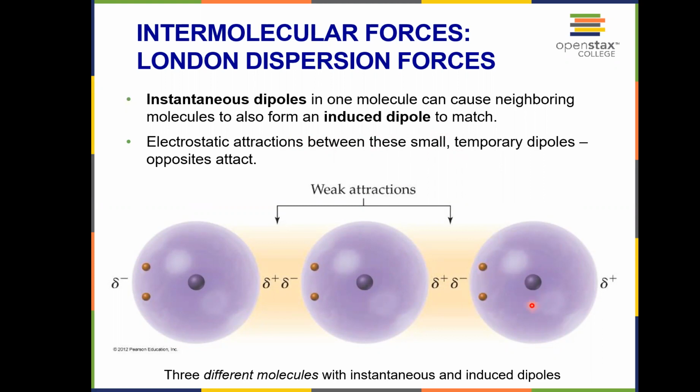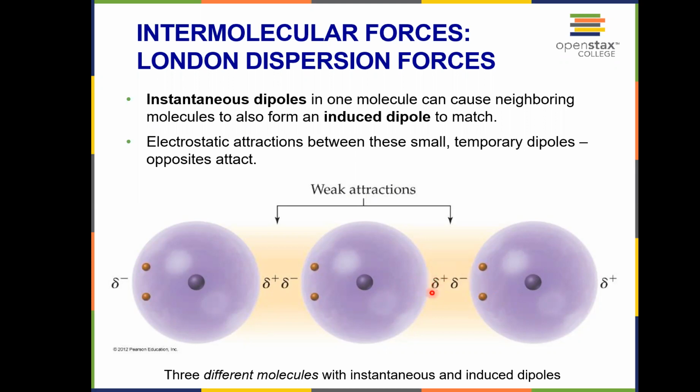If our atom all the way on the right had an instantaneous dipole just by happenstance, the molecule next to it can try to shift its own electrons around to match that and to get this nice attractive force between the new positive charge it formed and the negative charge that just happened to show up on its neighboring molecule.